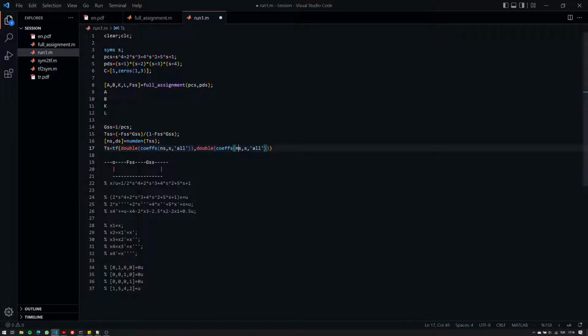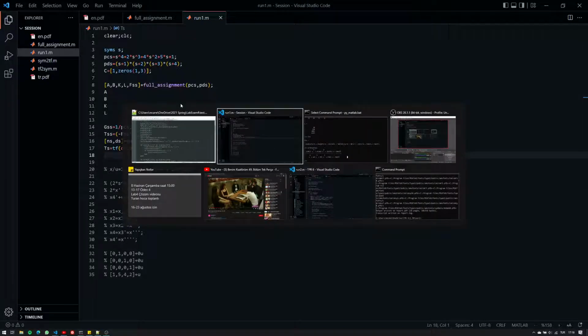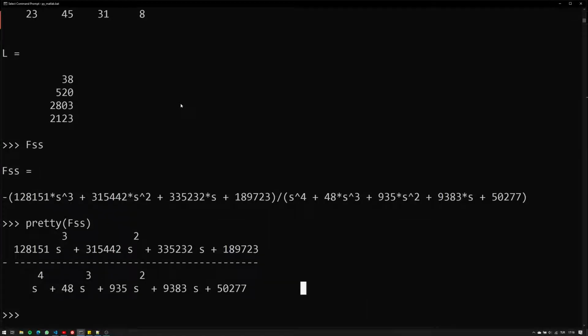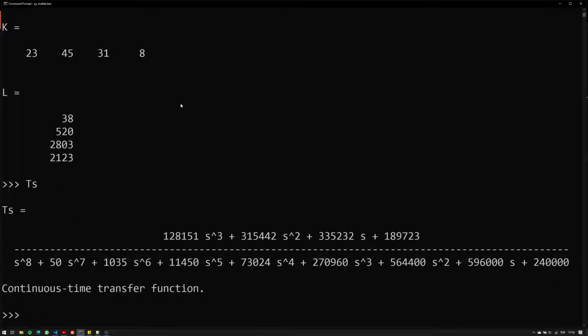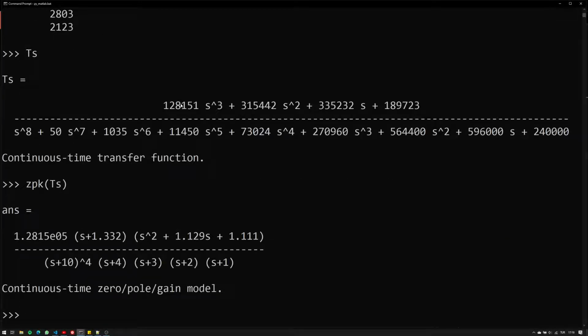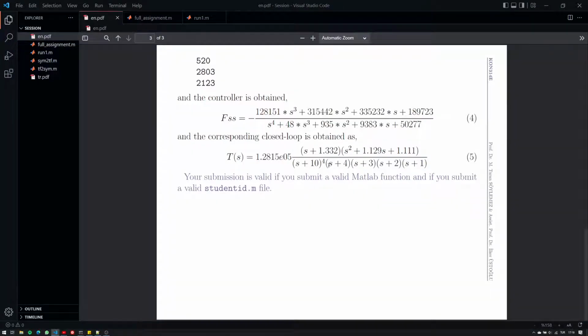So DS, and that should be it. So let me get rid of this. Yeah, seems to be all right. So we have this TS, and if I look for ZPK, I get basically the output that I wanted.